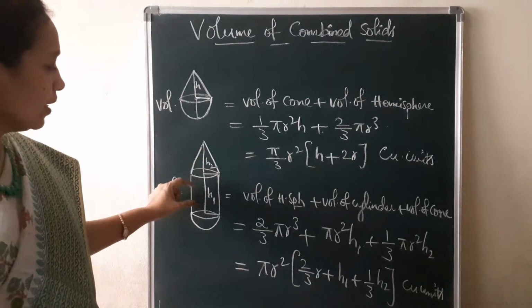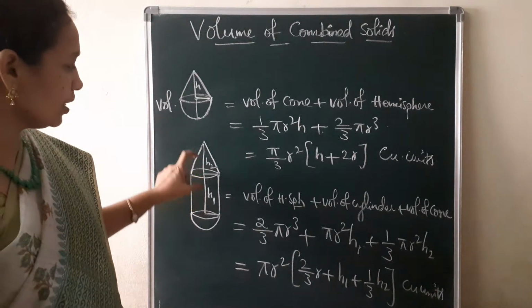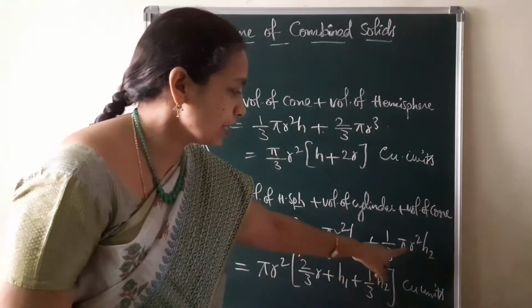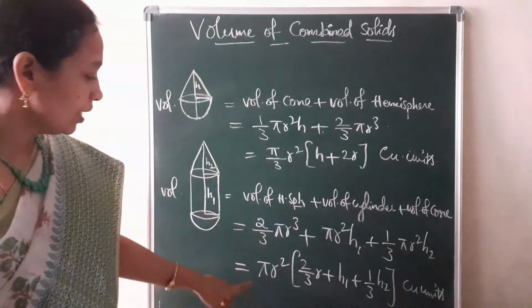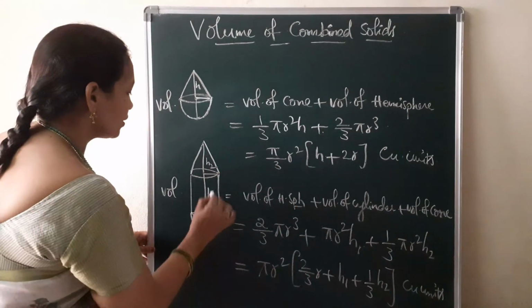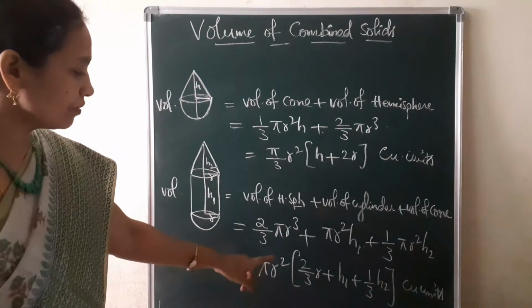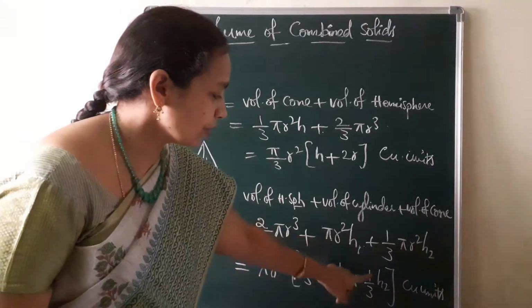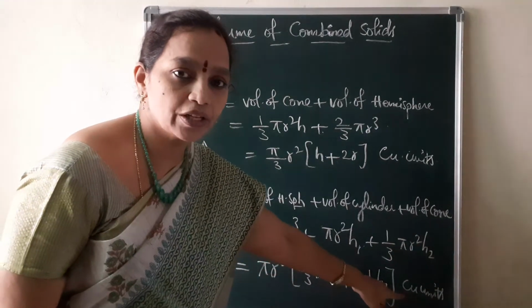That's why you have to write the height of the cylinder as h1 and the height of the cone as h2. Then pi r square h1 plus 1 by 3 pi r square h2 will be there. Then what you can take out common? The base radii are the same, the radius must be the same. That's why you can take pi r square common, and 2 by 3 r plus h1 plus 1 by 3 h2 will be left over. Those are the cubic units.